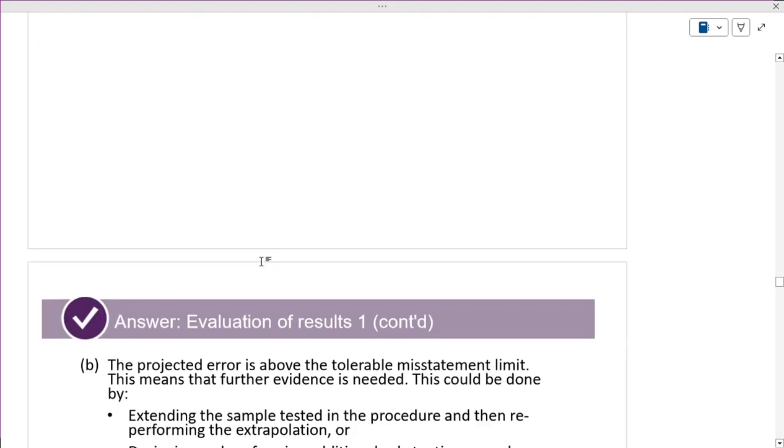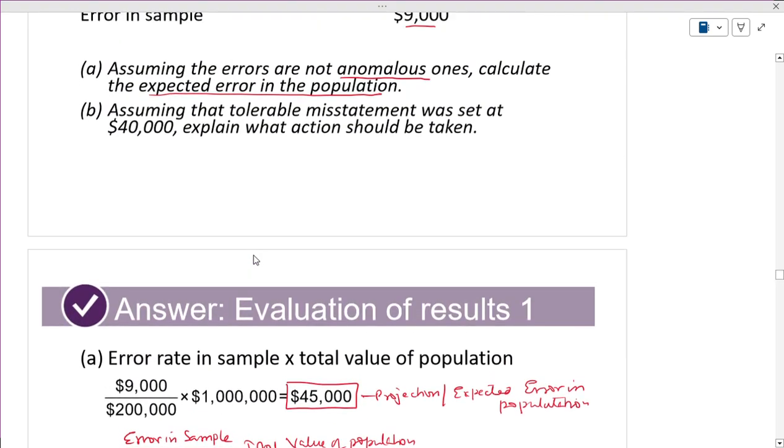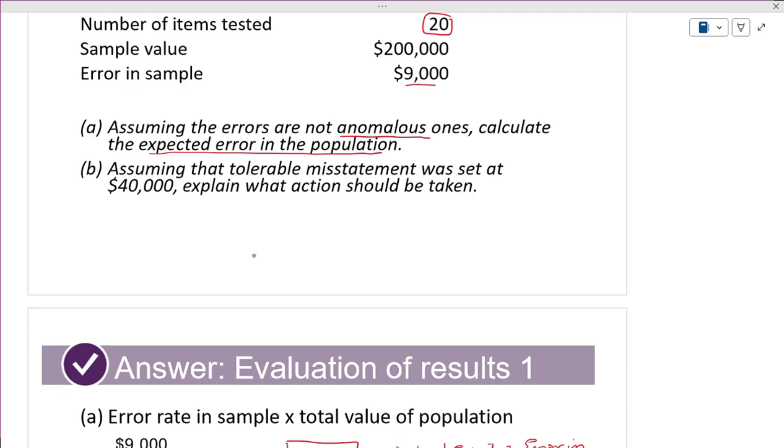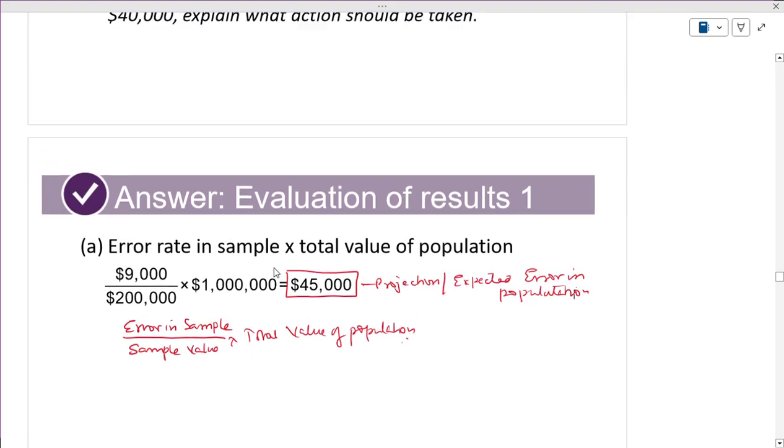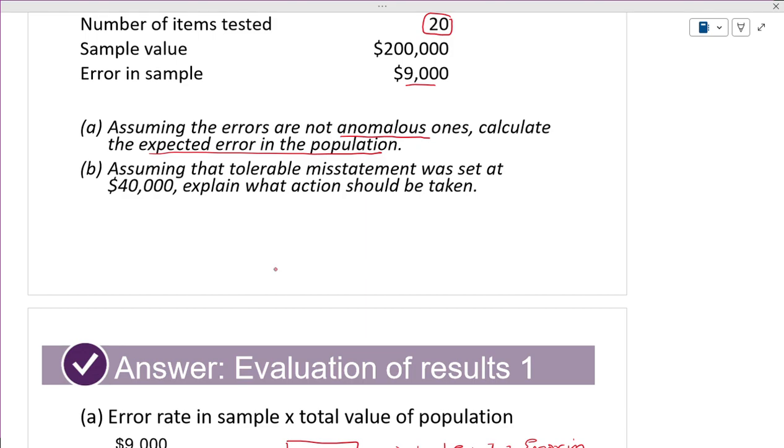This is what we have to calculate. What is the expected error formula? Error in sample divided by sample value times total. Now, what is the second point? They say, assume that the tolerable misstatement was set at 40,000.